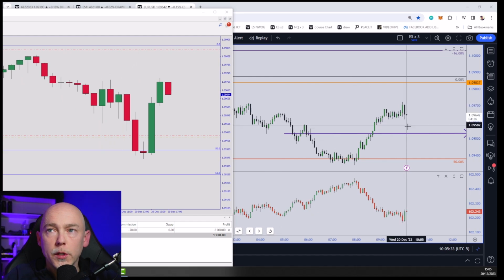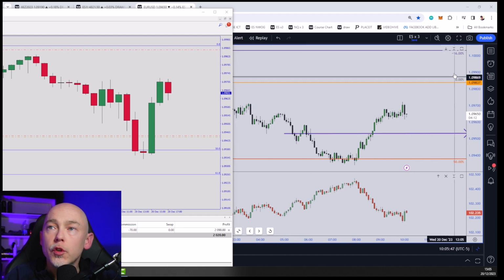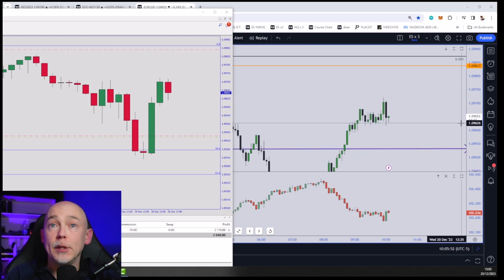So price may want to retrace down here on the right on this chart before potentially continuing. Let's see. We've got our stop loss at break even anyway. Let's see, can we get this trade to continue higher to our target and be done for the day, done for the week, done for December, done for the year.